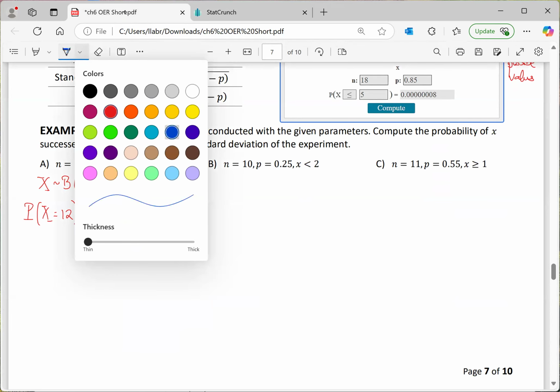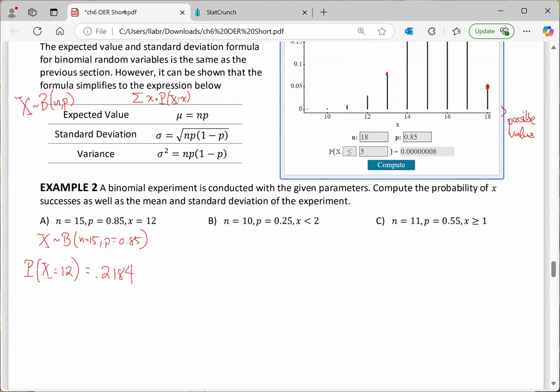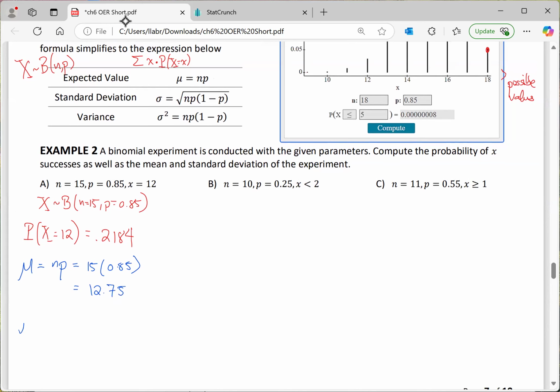Now let's work on getting the expected value of this random variable. The expected value is n times p, so in this case, it's 15 times 0.85. Throw that into a calculator, and you'll get 12.75. So we're done with that. Then finally, sigma is the square root of n times p times 1 minus p. Go ahead and find what that gives you.